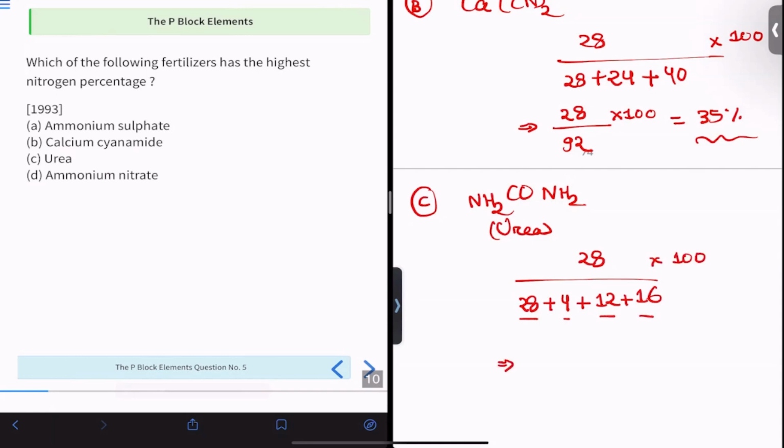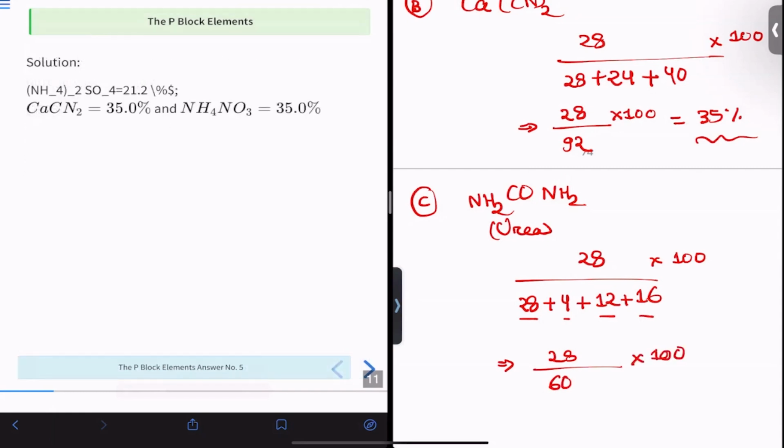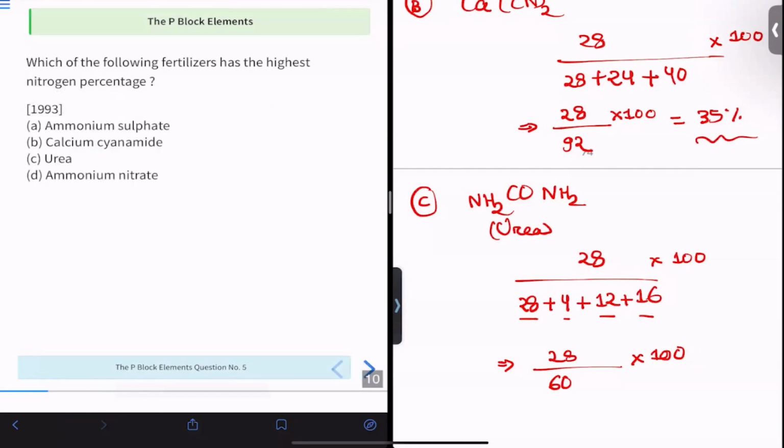This will be equal to 28 upon 32, 44, 60 into 100. So 2800 upon 60 will be near around 47.